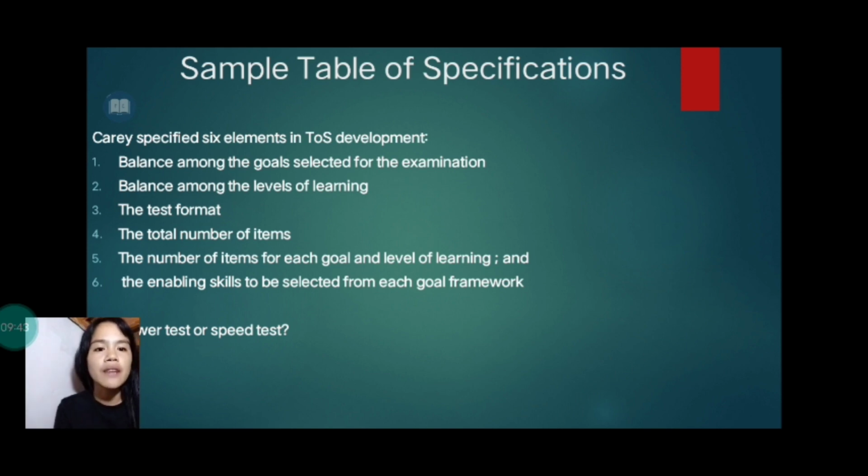Next, we have balance among the levels of learning. As I have said, there are different levels of learning. Among students, there is a slow learner, a fast learner, and an average learner.